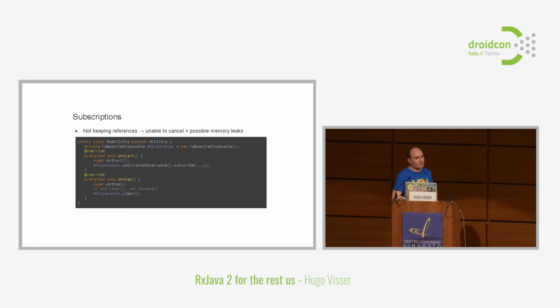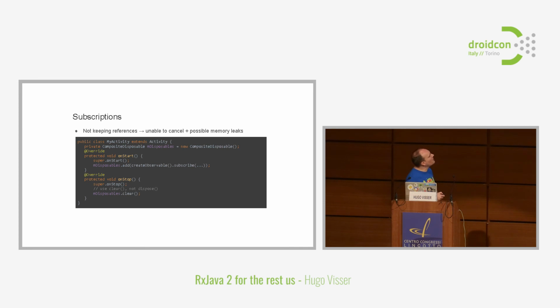So one way to keep a reference is to use a composite disposable object. In RxJava, this is called composite subscription, but it's basically the same thing. So what you would do, you have this field in your class where you're doing some lifecycle work, for example, and on start you want to do some work.